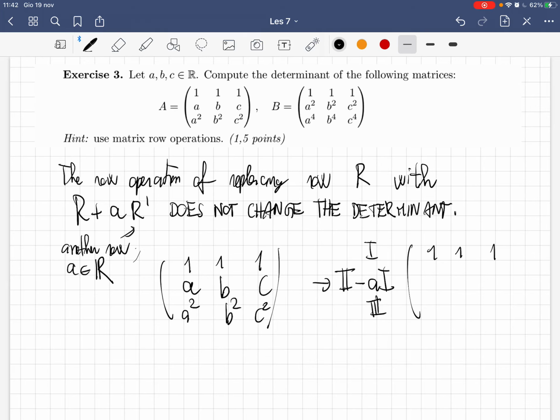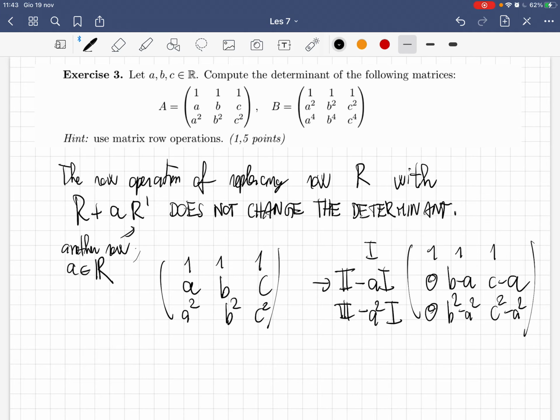So here you get this, and then you get 0, B minus A, C minus A, okay? And here we can take the third minus what? A squared times the first. So it's 0, B squared minus A squared, and C squared minus A squared.